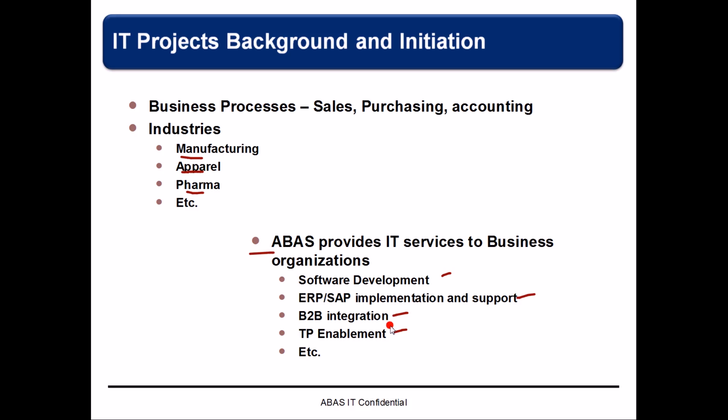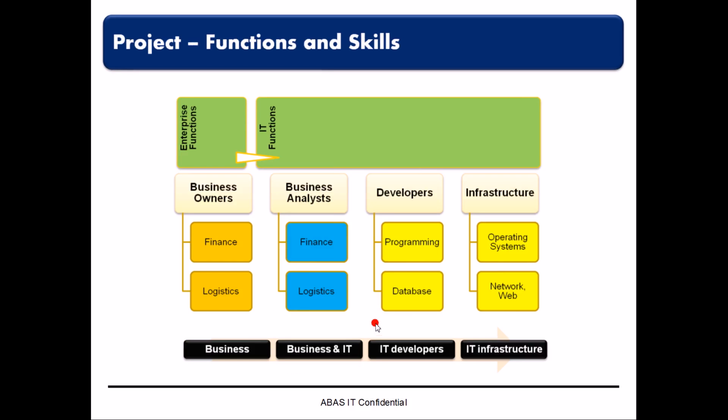So the background is the business process, the business integration in different industries that we will support through software development, ERP implementation, business integration, and trading partner enablement. Next slide.